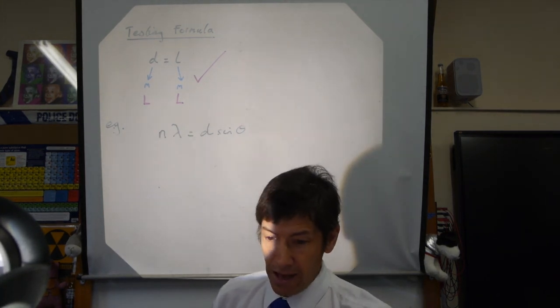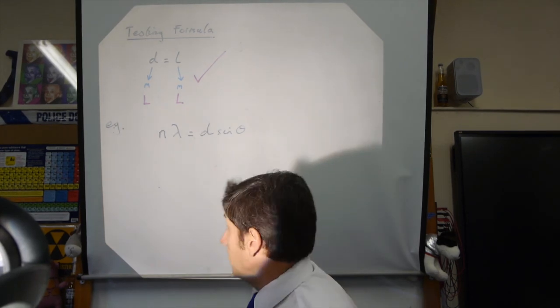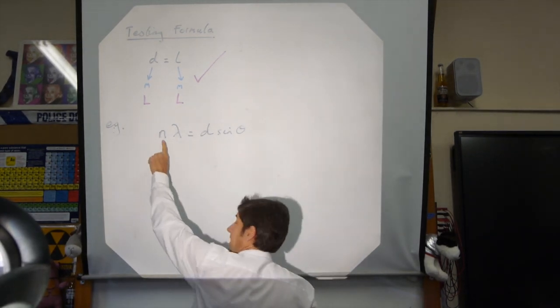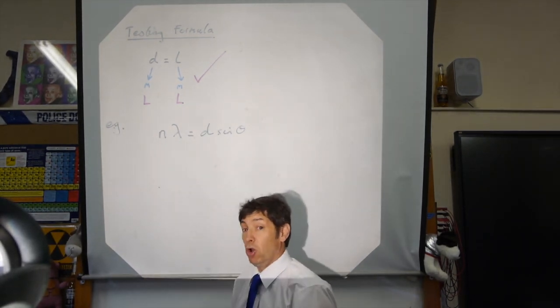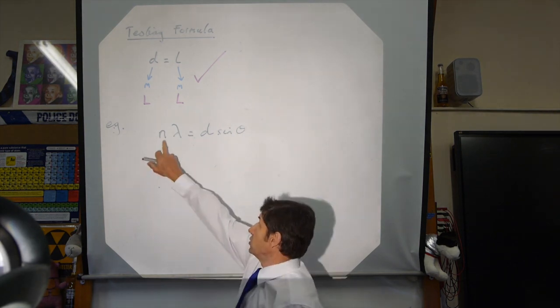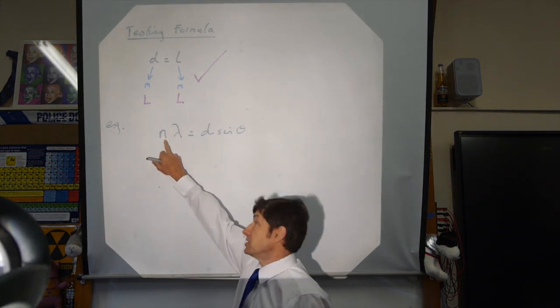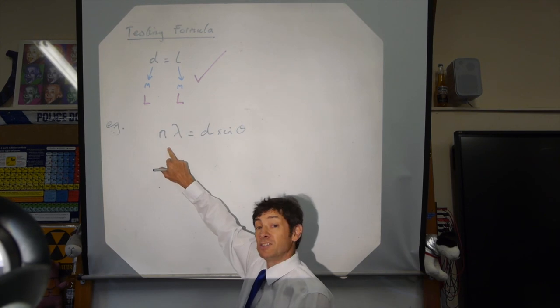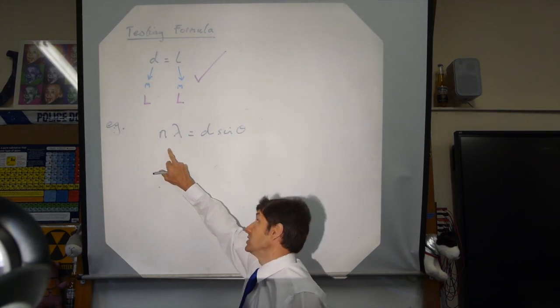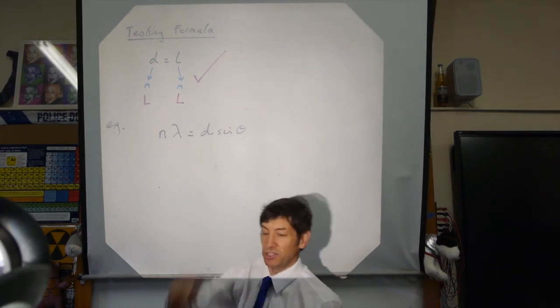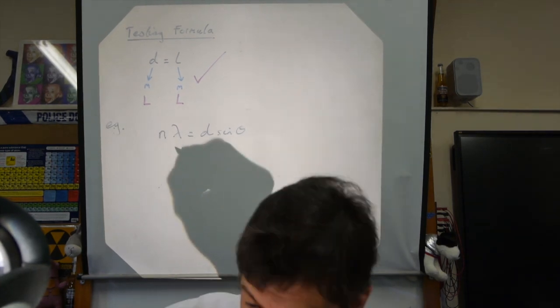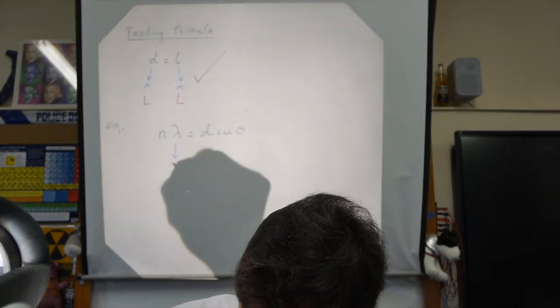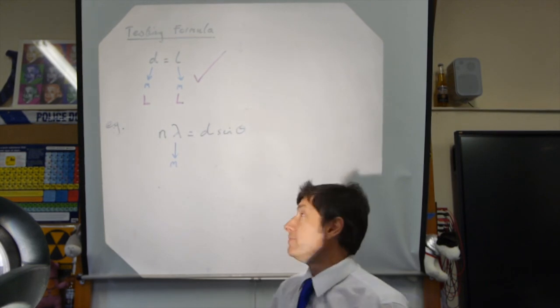So the first thing to do is for me to tell you what these are. That's n, number of, just a number: 1, 2, 3, 4, 5. So you'll agree that that doesn't have any units, so we can ignore that. It's dimensionless. It has no units. Lambda, come on, GCSE. Wavelength.